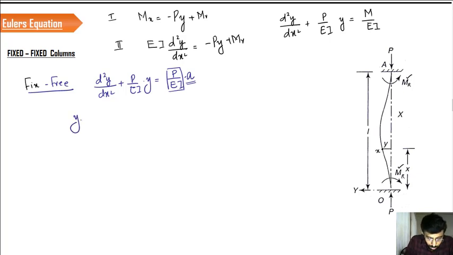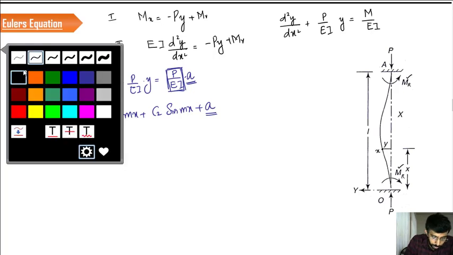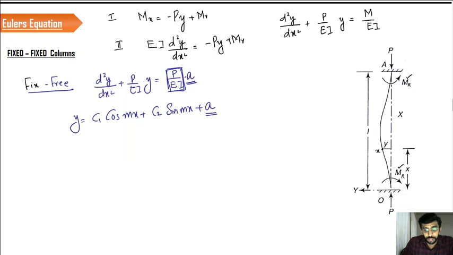The solution was written as Y is equal to C1 cos mx plus C2 sin mx plus A. So if you want to put an A here, then this particular A has to be supported by a P by EI, or the coefficient should be P by EI. But if you look at this expression, we lack a P here, because MR by EI is there, but we don't have a P by EI.